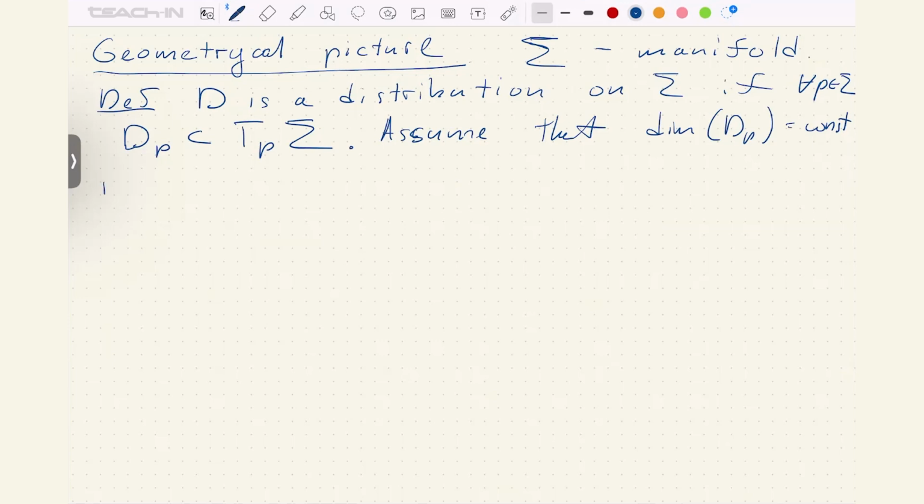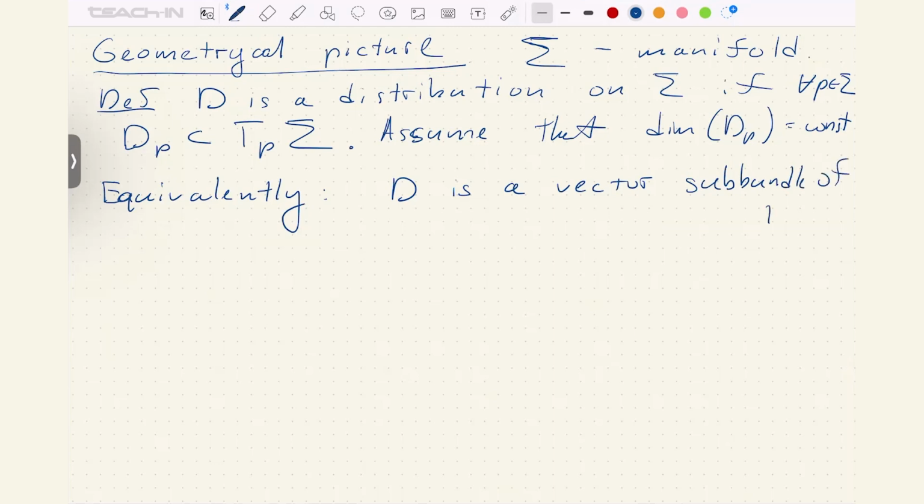Equivalently, D is a vector subbundle of T sigma, right? So T sigma is the tangent bundle of our manifold.